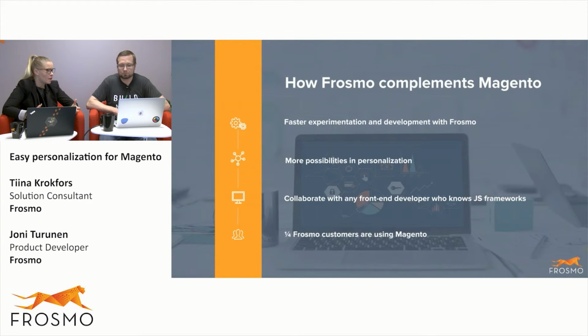So basically you can build the React application in Frosmo and then just transfer it to Magento. Yeah, that's a possibility. You can either keep it running on Frosmo, or transfer it to your Magento frontend. That is cool.